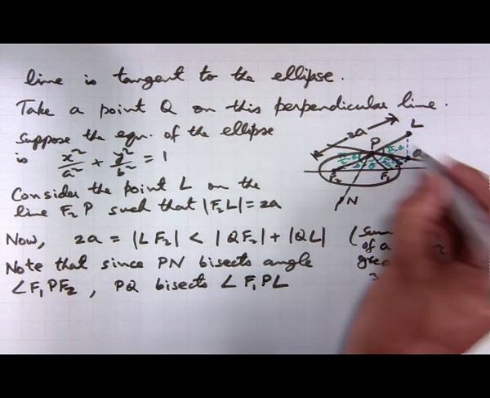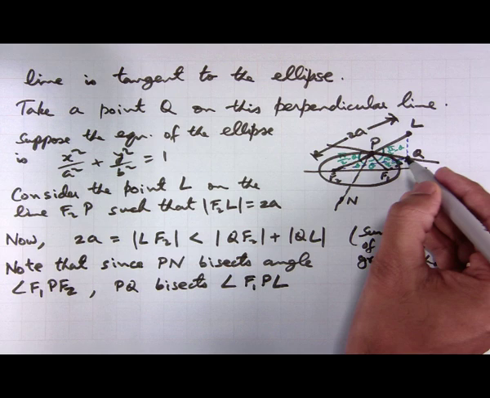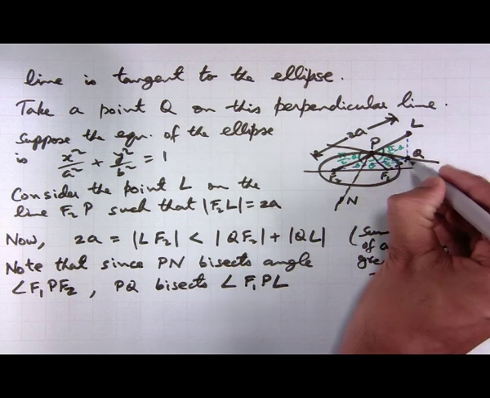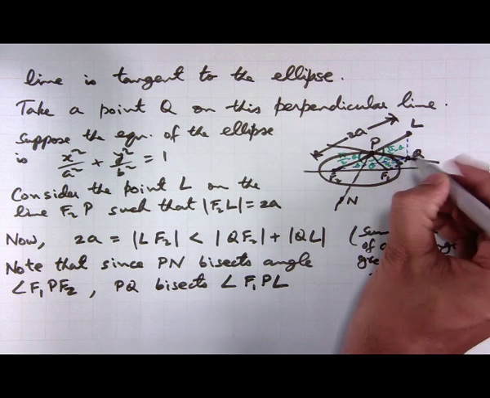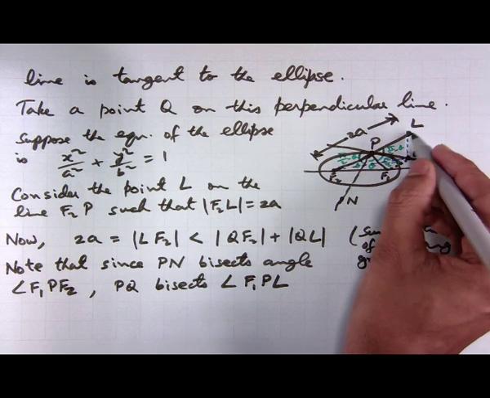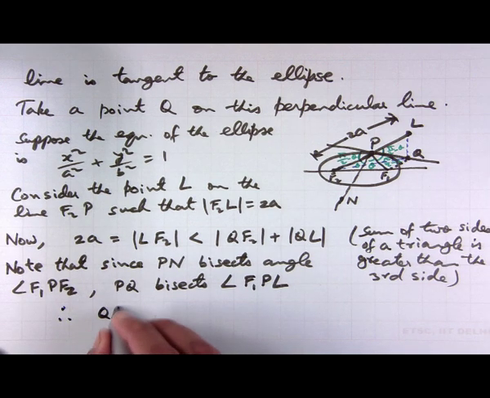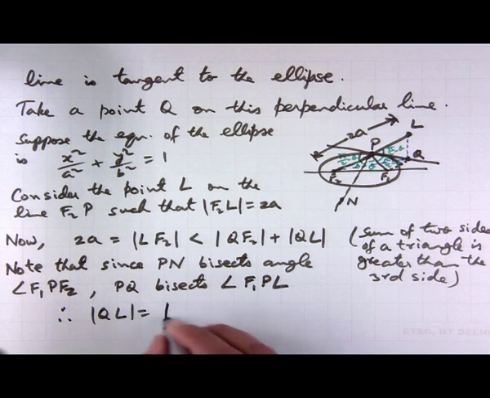So, we see that P q is the bisector of angle F1 P L, and therefore these two triangles are congruent, and therefore q L is equal to q F1.